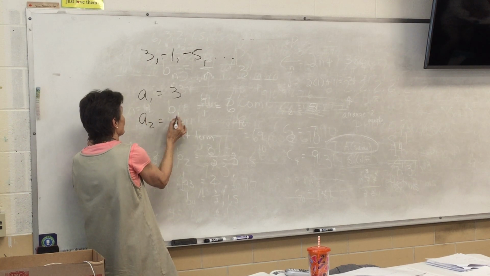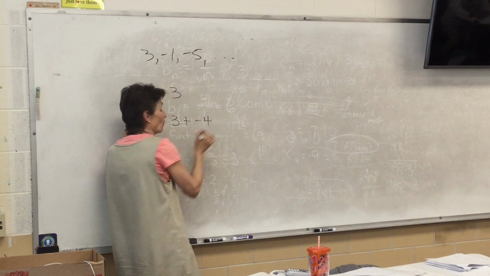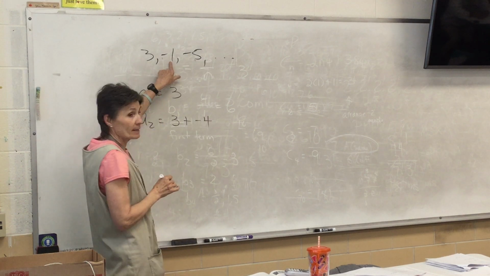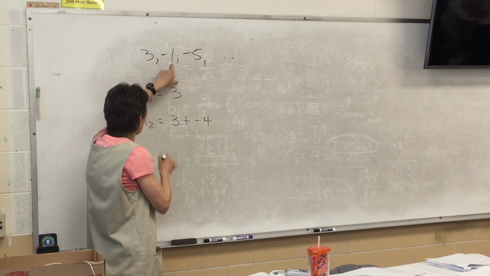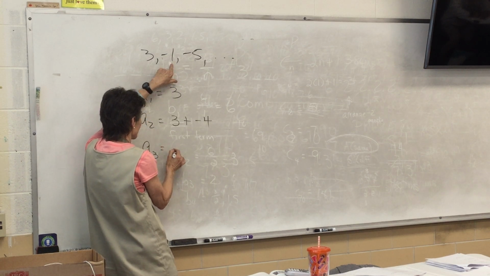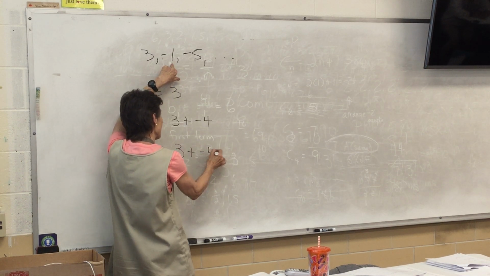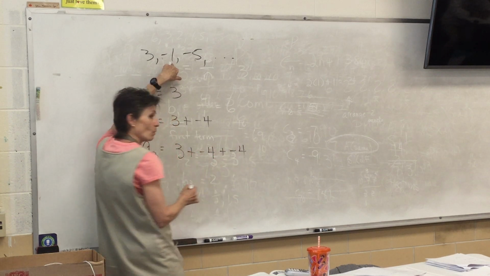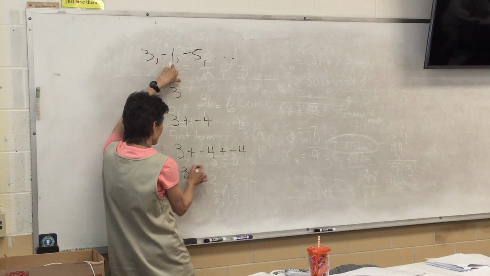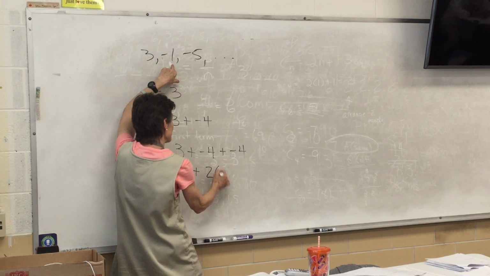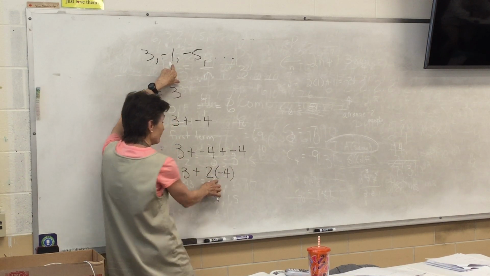The second term was 3 plus -4. That's how you got -1. The next term was 3 plus -4 plus another -4. So basically we took 3 and added 2 -4s to it.